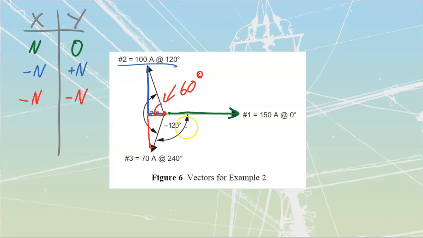Same with this one over here. This one's at a negative 120, so I can say it's at 180 plus another 60, which takes me to a value of 240, or I can say that this thing is going to be at a 60-degree angle on the inside. We always need to make it into these little acute triangles.